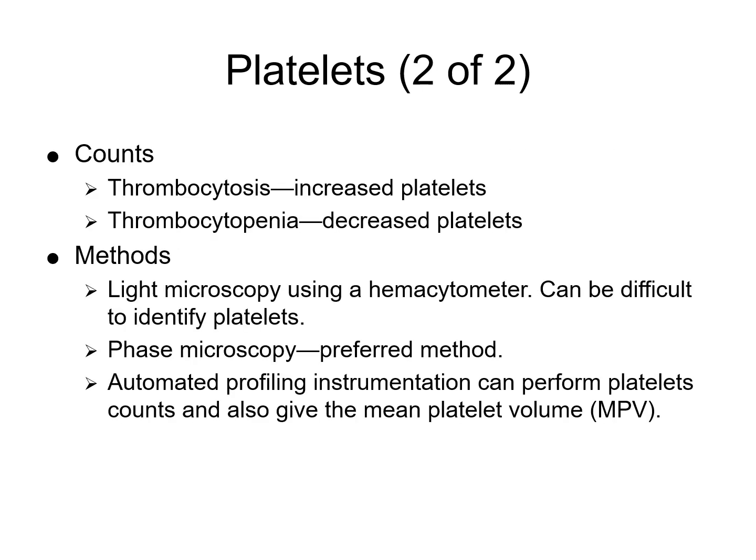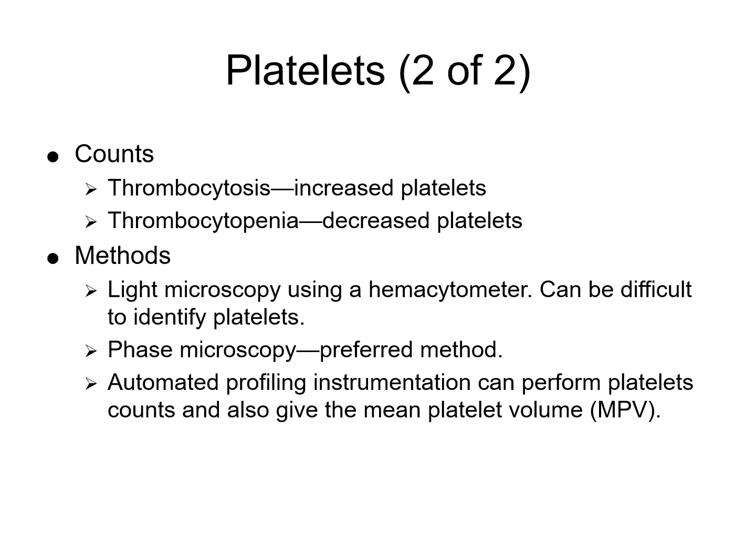To count platelets is to measure the number of platelets in blood. Thrombocytosis is an increased platelet count, which may increase the risk of clotting disorders, or thrombocytopenia, which is a decreased platelet count, which can lead to bleeding tendencies.